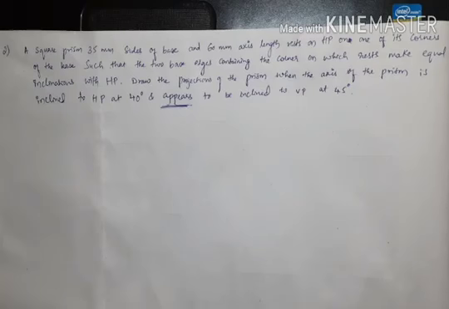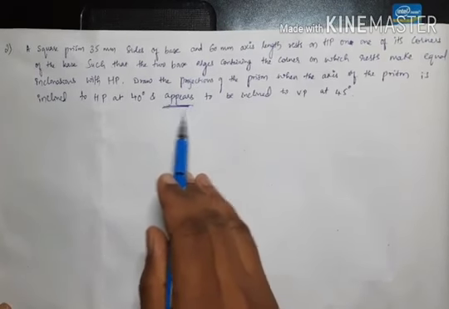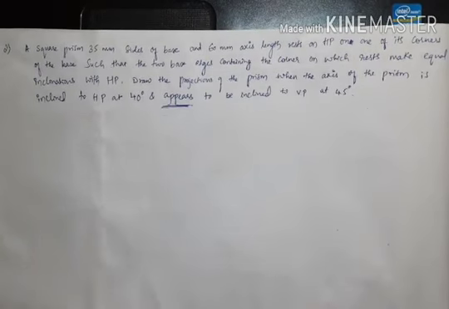Appears means directly. If appears is not there and the same line is having inclination to both HP as well as VP, you will get the beta angle. But whenever you see this word appears, in planes as well as in solids, you have to take the angle directly. Now I will be explaining the concept followed by sketching.